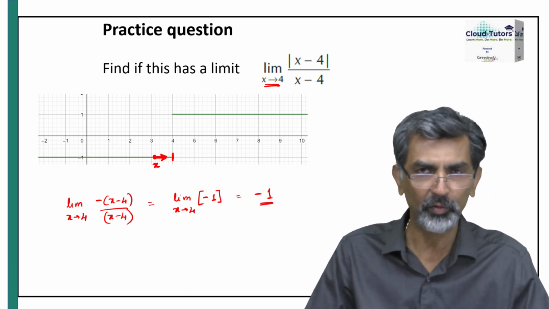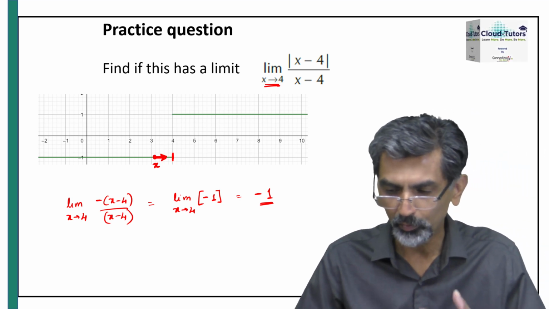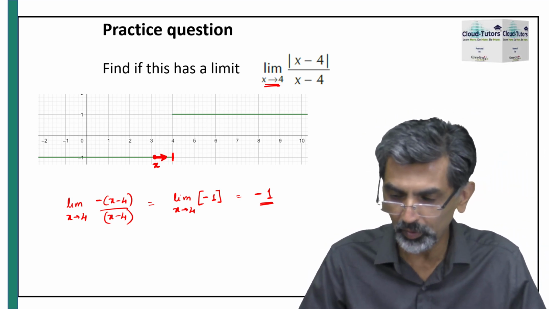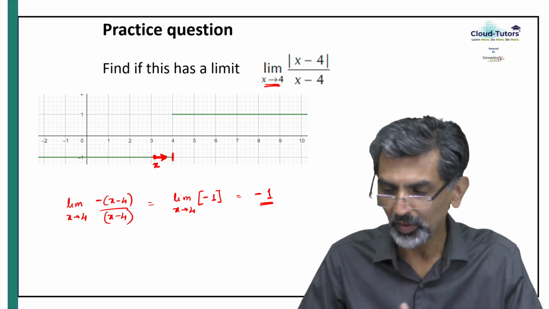And you could tell from the graph as well, as x approached 4 from the left hand side, the value of the function is approaching negative 1.